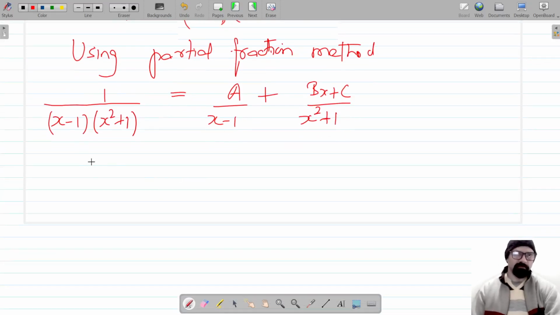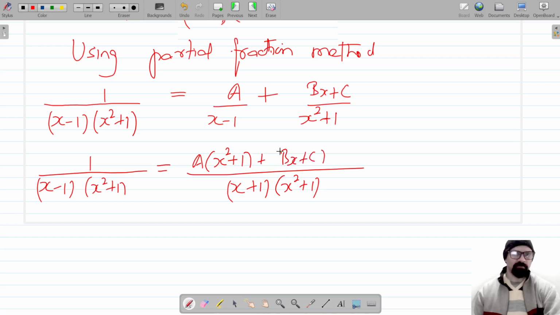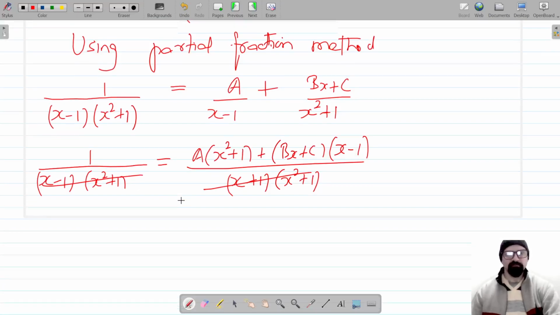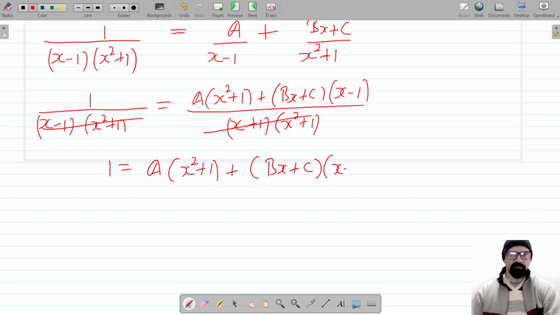Let's take the LCM: x minus 1 into x squared plus 1. So 1 equals A into x squared plus 1 plus Bx plus C into x minus 1.